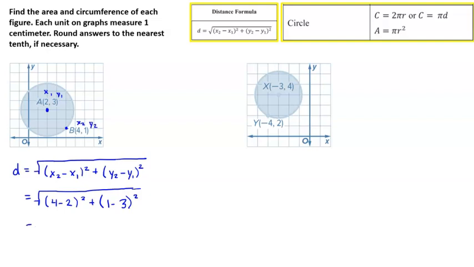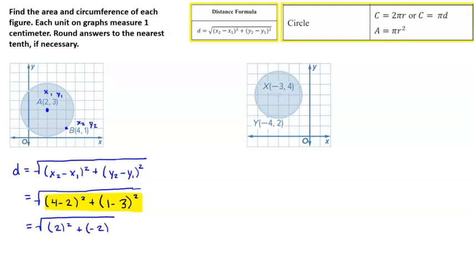All right, so for this, we've got 4 minus 2 squared plus 1 minus 3 squared. Now I can type this whole thing into my calculator, but just for now, we're just going to do it piece by piece. So 4 minus 2 gives me 2 squared plus 1 minus 3 squared.